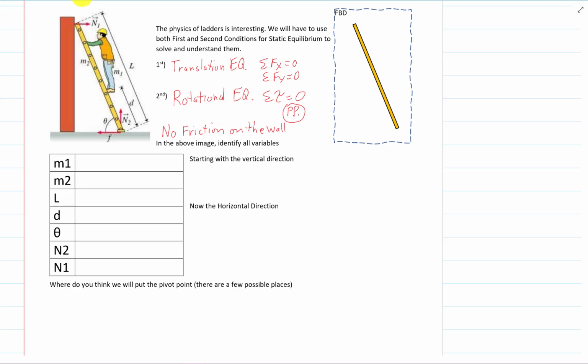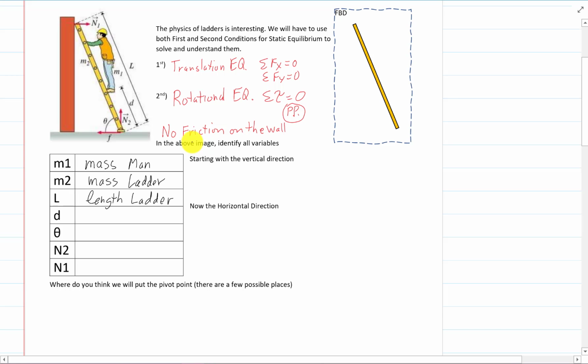Okay, so let's identify all the forces that we have here. M1 is the mass of the man, the climber. Mass 2 is the mass of the ladder. L is the length of the ladder.